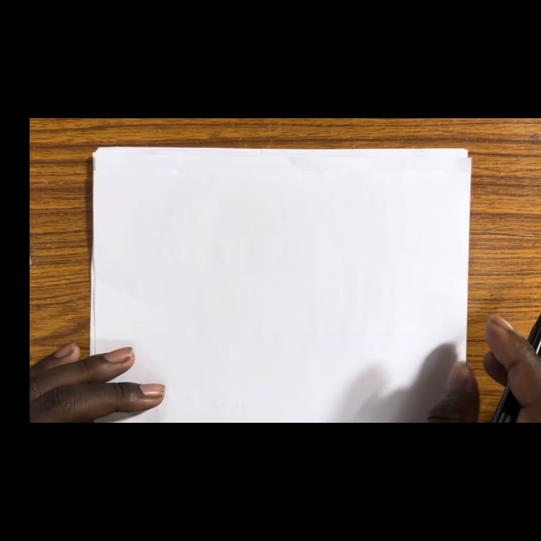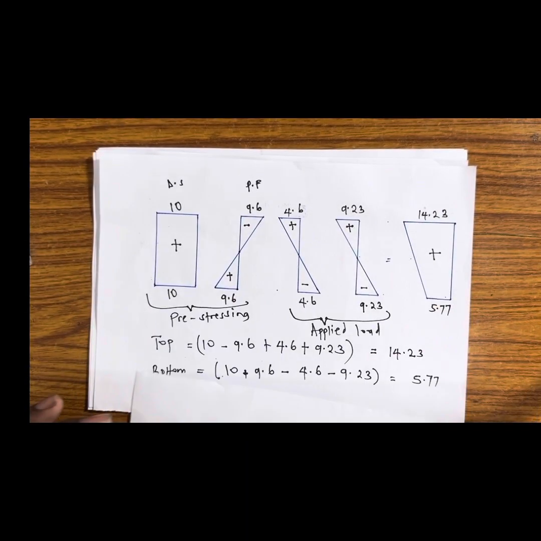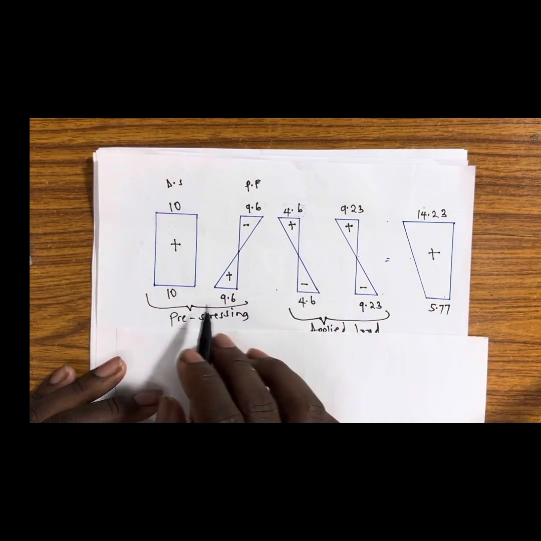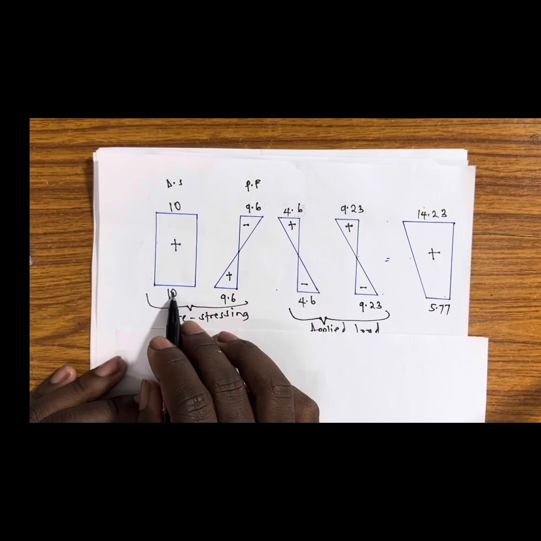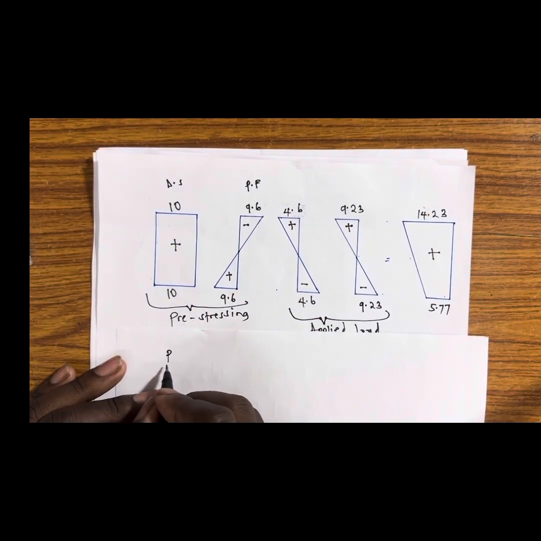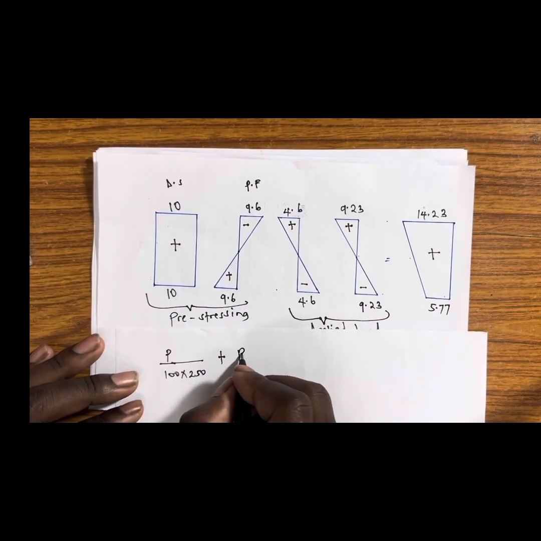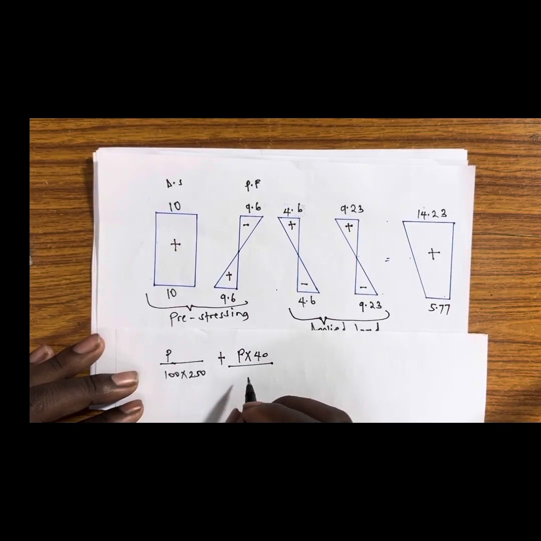So let's have a look at it. According to this stress diagram only, you can easily do it. Okay, so I have due to P, here I don't know the direct force P, P out of area, P out of area is 100 by 250, then plus the second one is due to the pre-stressing force, which is PE. So this is P also, I don't know, times E is 40, out of Z is 1.04 times 10 raised to the power 6.